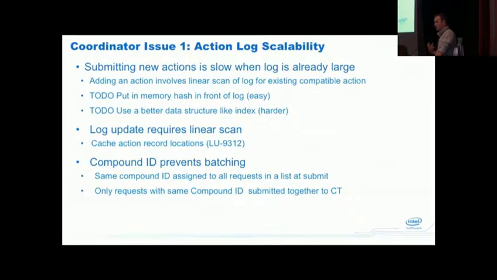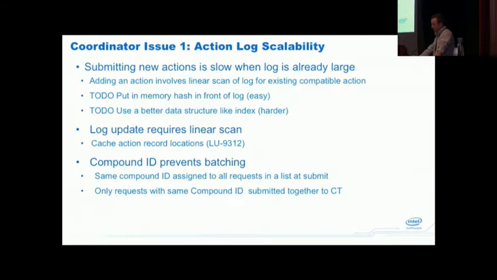And a large log might be 1 million actions on disk. So when we add a new action, we want to archive a new file, we start out by doing on the MDT a linear scan of the log for an existing compatible action. Has there already been an archive request for the file? And I think this is taking minutes in some cases.